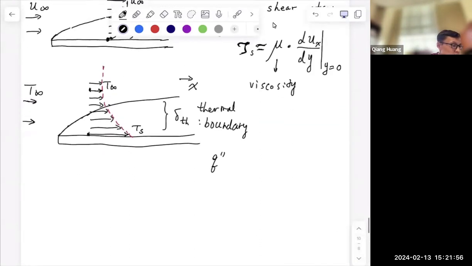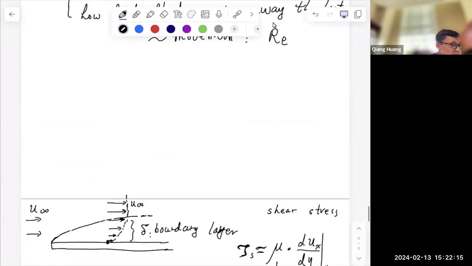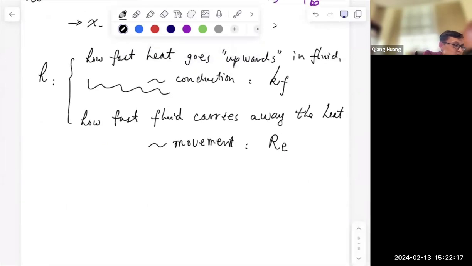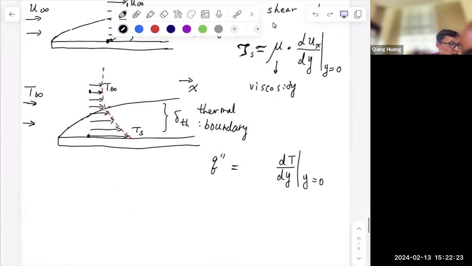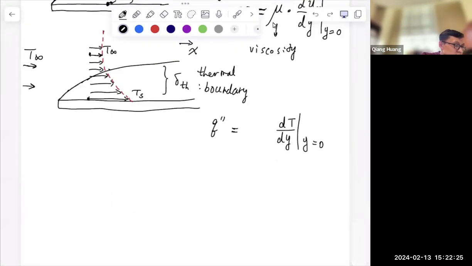And then if we calculate the heat transfer rate per unit area, by the way, the shear stress is also per unit surface area. That is proportional to the temperature gradient at the surface within the fluid. This is because how fast the heat goes upwards in the fluid, right at the surface, is how much heat is being carried away from the surface.